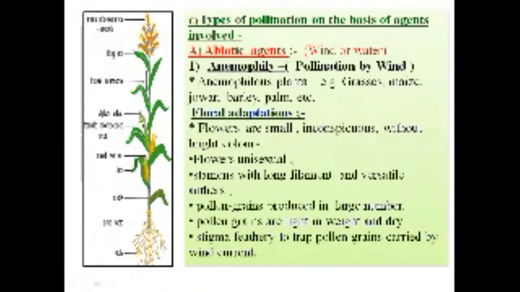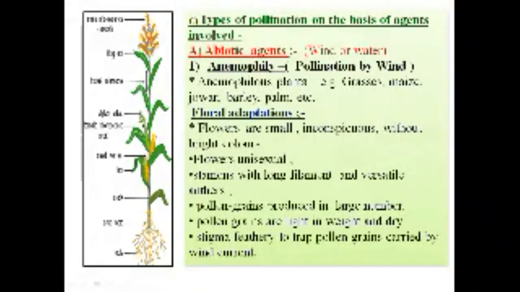See, the given diagram or picture is of maize. In maize, the male inflorescence occurs at the top and the female inflorescence occurs below the male inflorescence. And in maize, wind pollination takes place.